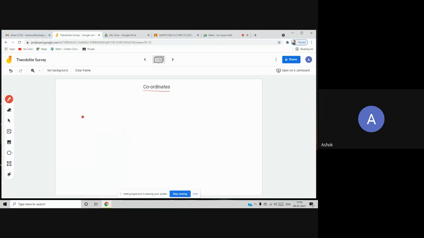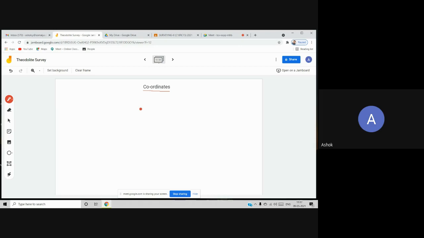Any idea about the coordinates? Have you all ever heard this word? Yes, sir. Okay, what is it exactly? Coordinates consist of longitudes and latitudes. Longitude and latitude, that is a very defined answer.